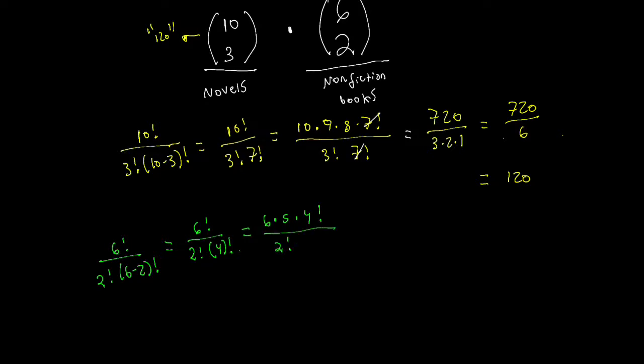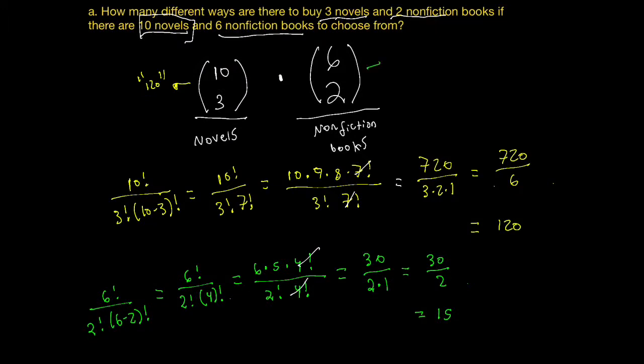So we get 2 factorial times 4 factorial in the denominator, but the 4 factorials are going to cancel out. So then we get 6 times 5 in the numerator, which is 30. And then 2 factorial is just 2 times 1, but 2 times 1 is just 2, and 30 over 2 is 15. So 6 choose 2, that's 15 possible combinations.